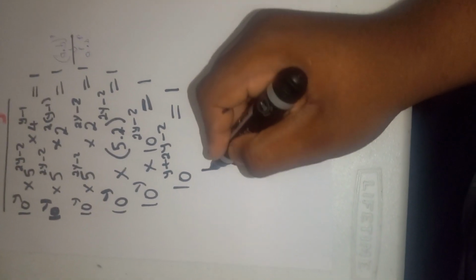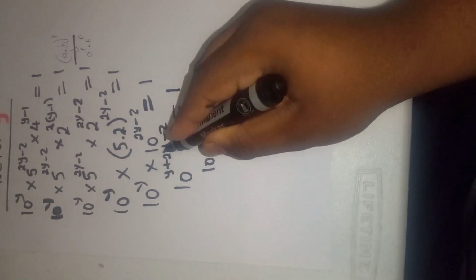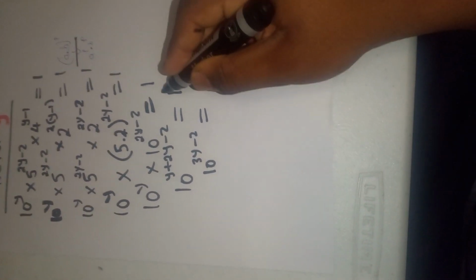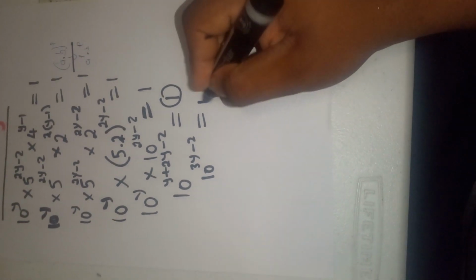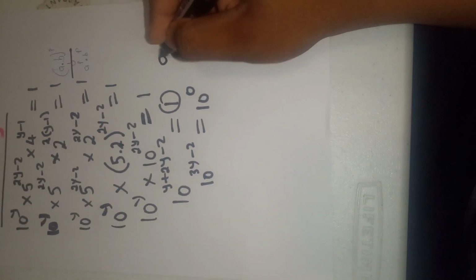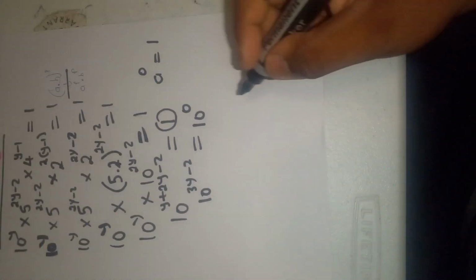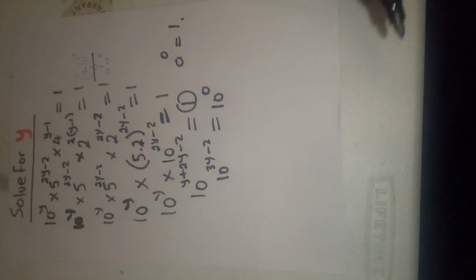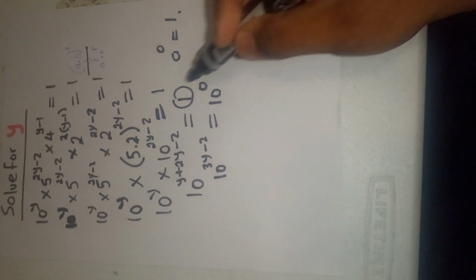So now you will be having 10 to the power of y plus 2y, 3y minus 2. Now you can convert this 1 to 10 to the power of 0, because remember that on the laws of exponents, a to the power of 0 is equal to 1. Anything to the power of 0 gives you 1. So now you are just writing it in another way. So 10 to the power of 0 is 1.